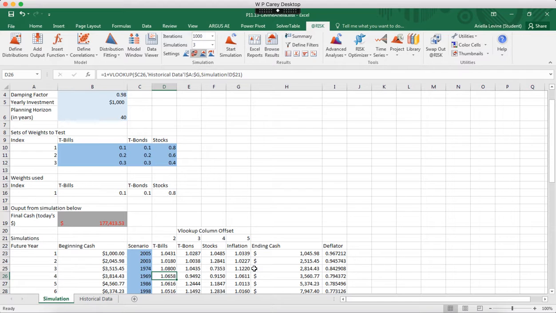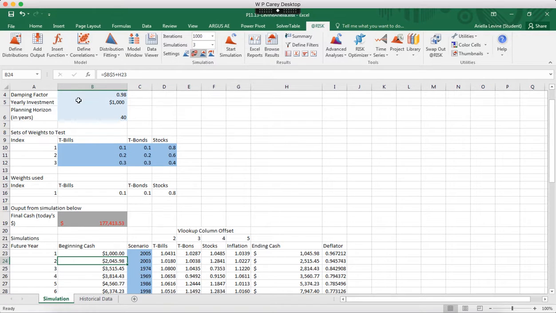And we're going to have this all built in with inflation. We're going to multiply all this together, saying that I want to take these rates from 2005, multiply them by the percentages she wants to put in each of these models, and we're going to have an amount of cash at the end of the year. So after the first year, we had cash of $1,045. So we're going to combine that plus another $1,000 investment.